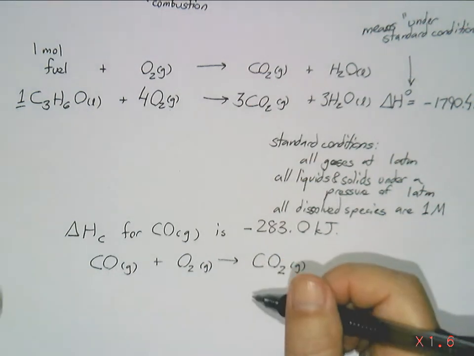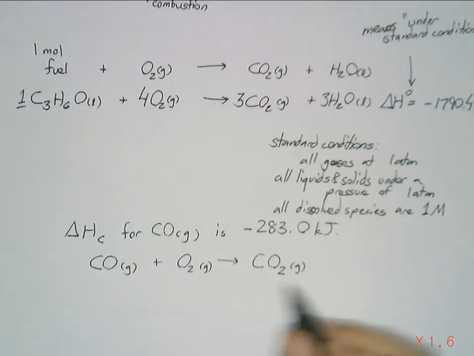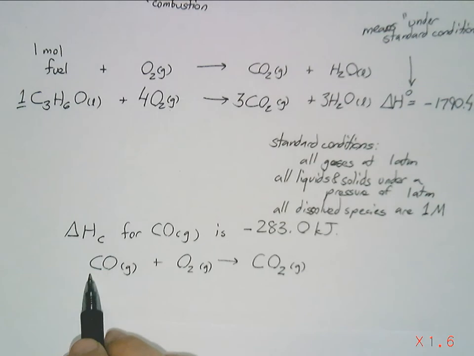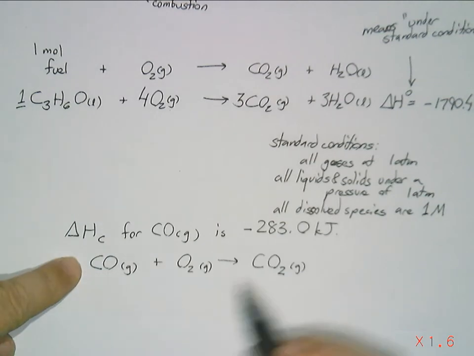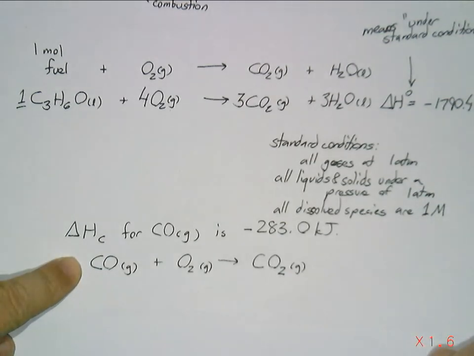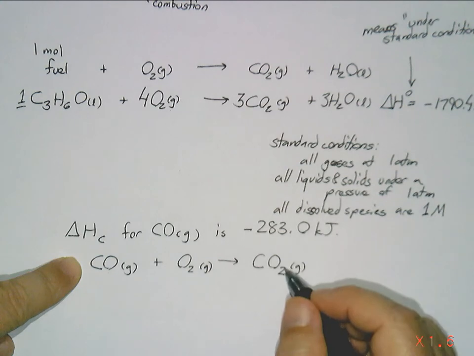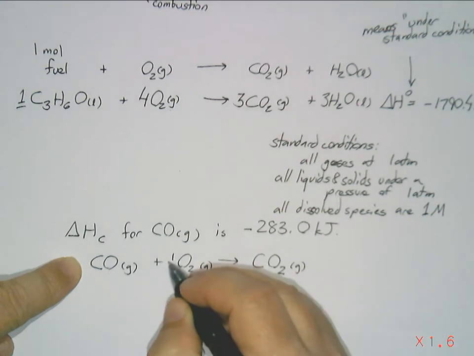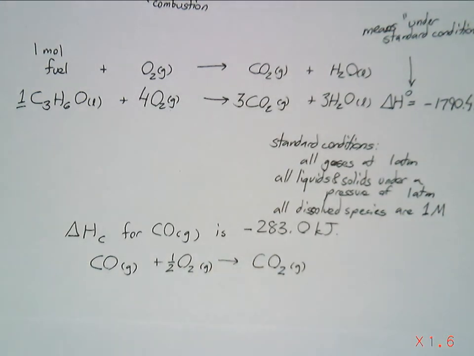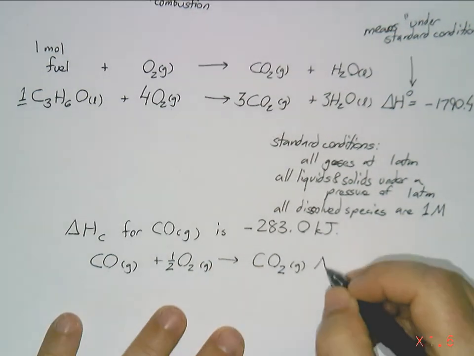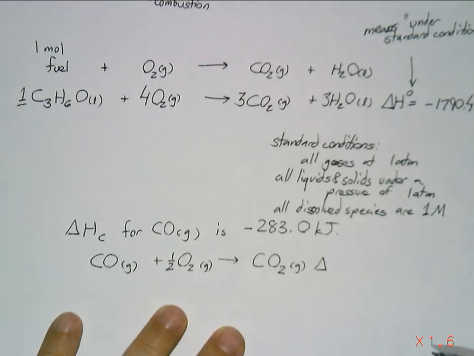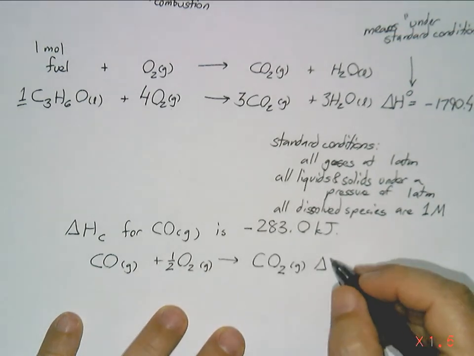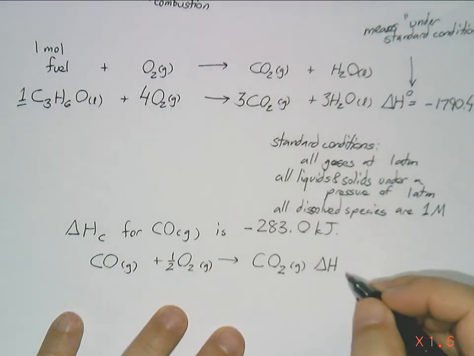So let's balance it. If I've got a 1 in front of the CO, I'm going to have a 1 in front of this. And I only need to add 1 oxygen on, so I can put a half there. So a lot of times in these kind of equations, you're going to get fractional coefficients, which was something that we said people didn't really like before.